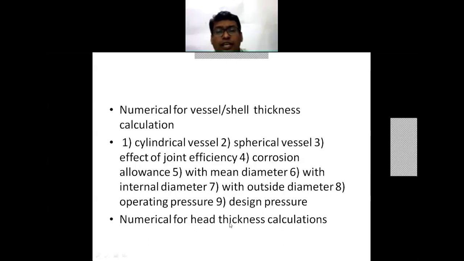We are mostly calculating the thickness required for the vessel which will be able to withstand the given internal pressure. We have to design the vessel, meaning we have to fabricate a vessel suitable for sustaining the given internal pressure. There should not be any accident while operating that vessel.